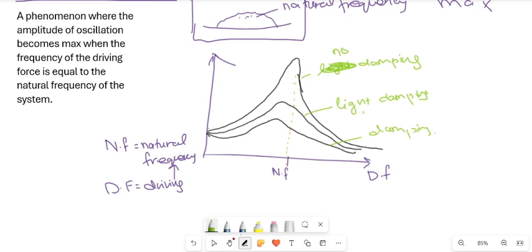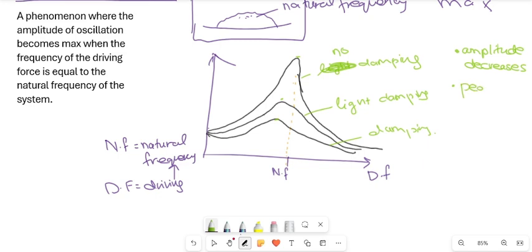Now, what are a few things that you notice? Number one, this is the amplitude. The amplitude decreases. Let's just make points ourselves. Number one, amplitude decreases with damping. Number two, the peak: do you see how it started off with a sharp peak and then it broadens and then it shifts to the left?